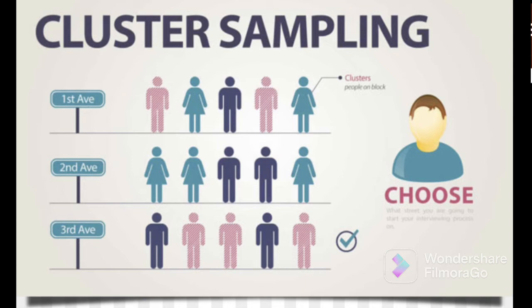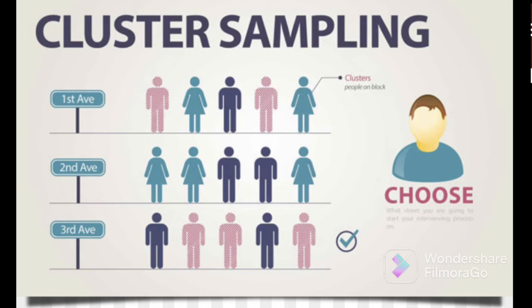Then we have the second cluster, Mindanao. And the third cluster is Luzon. So all they have to do is to get 400 from the cluster from Luzon, 400 from Visayas, and 400 also from Mindanao, and this we call cluster sampling.